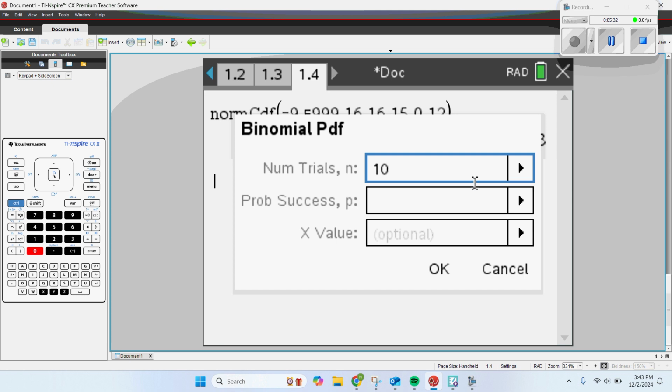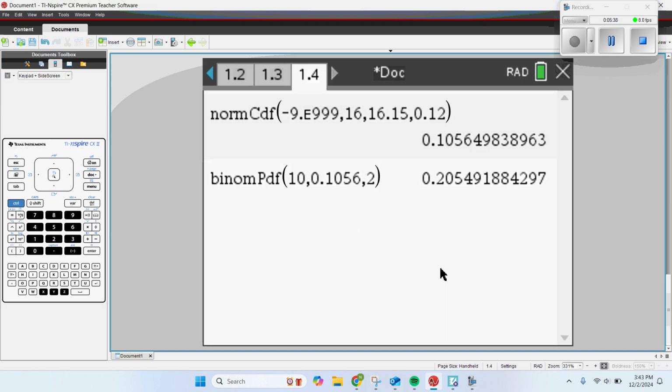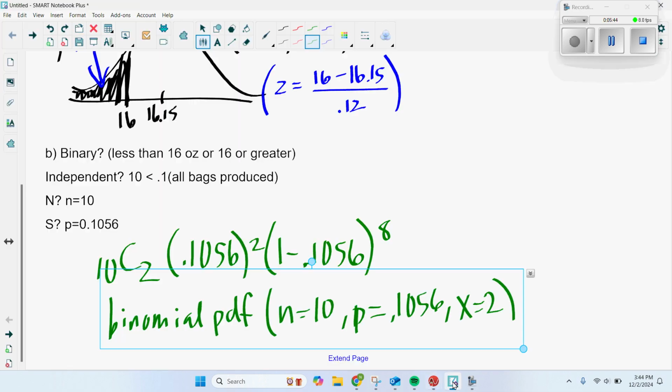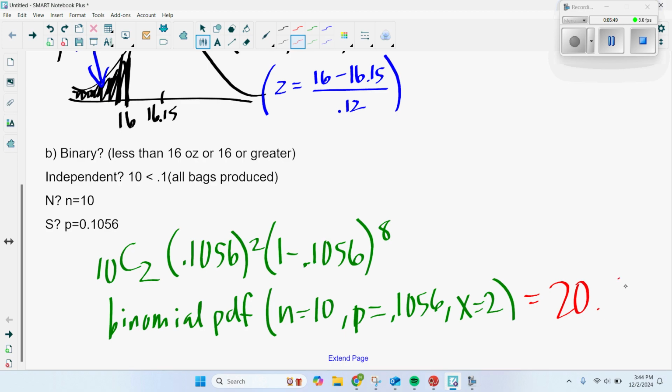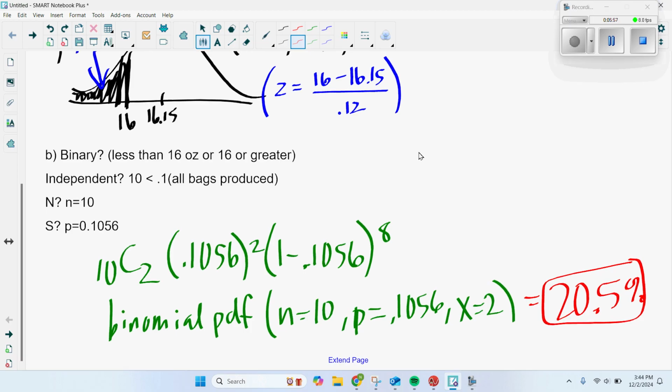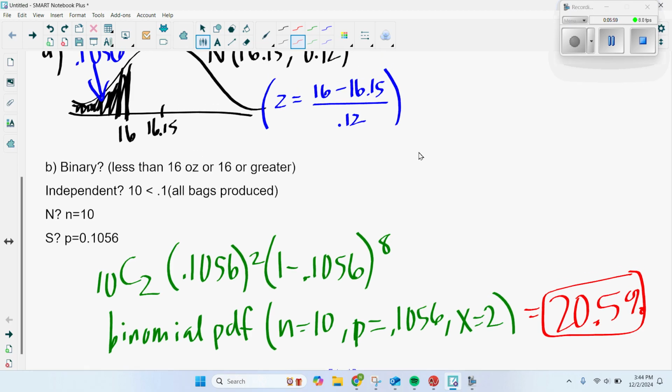We have 10 trials, the probability was 0.1056, and I wanted 2 successes. So 0.205, so 20.5%. So there's a 20.5% chance that exactly 2 of the 10 bags that I pick are going to have a weight of less than 16 ounces.